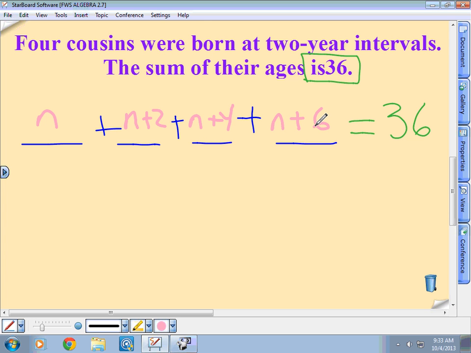Very good. And that's equal to 36. When I simplify the whole thing, how many n's do I have? 4. So I have 4n. Now add up my numbers. 12. 4n plus 12 equals 36.